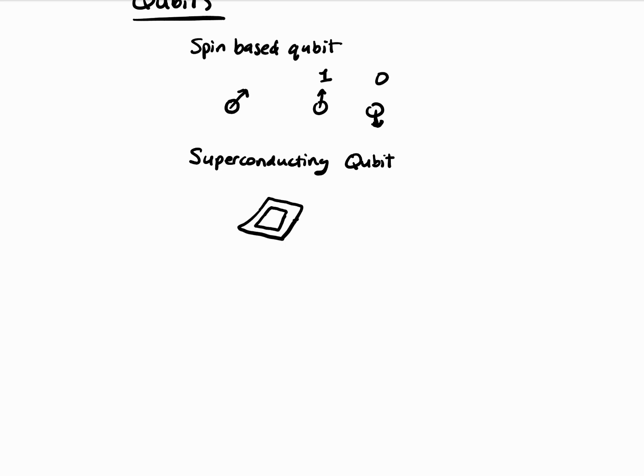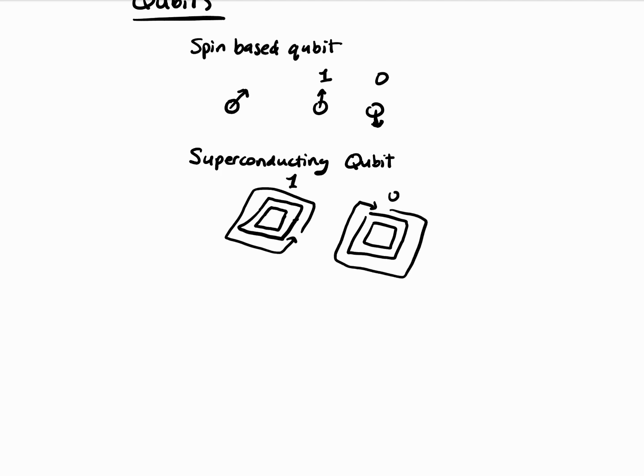And because of some interesting physics that happens at these scales and at these temperatures, you can either have a current that flows in one direction, or you could have a current that flows in the opposite direction. And what you can do is you can effectively use these as your two fundamental bits and store, for instance, a counterclockwise current as a 1, and then a clockwise current as a 0.